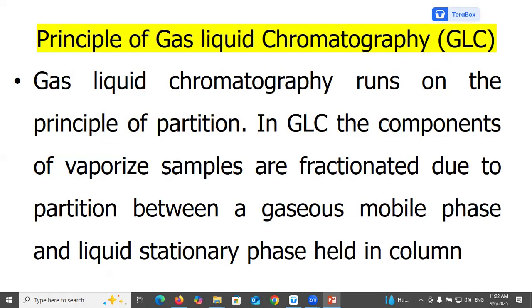In GLC, the components of the vaporized sample are fractionated due to partition between a gaseous mobile phase and a liquid stationary phase held in a column.